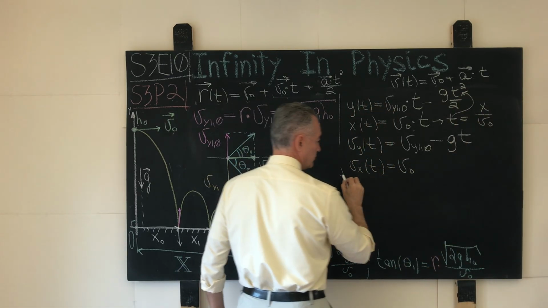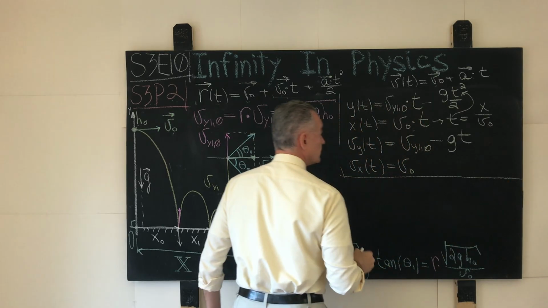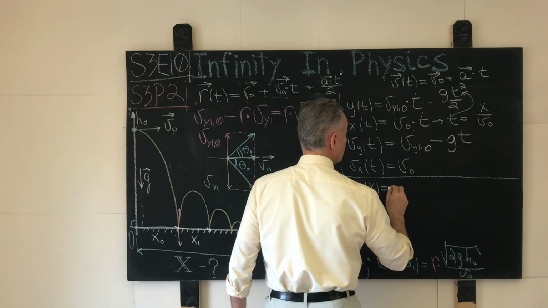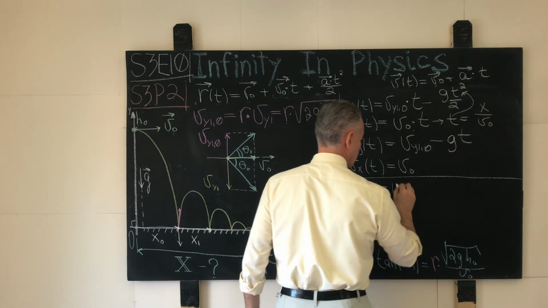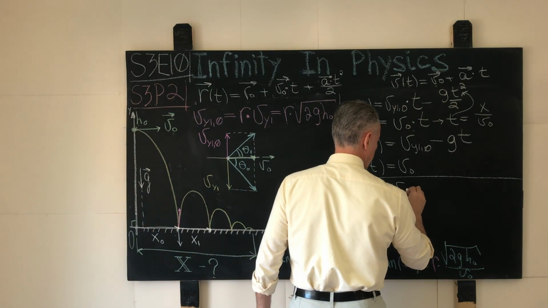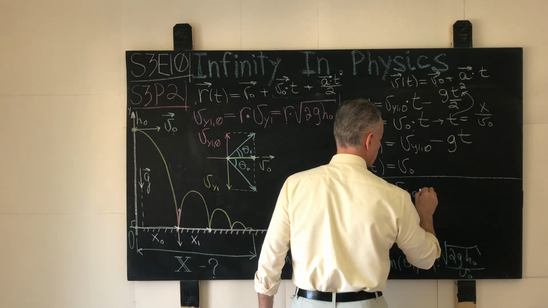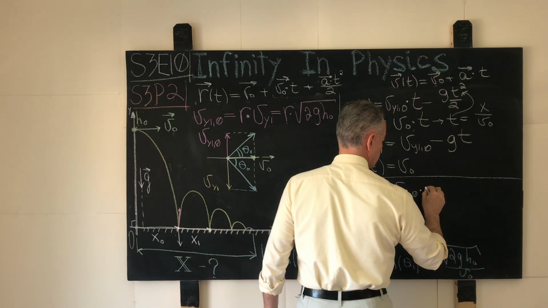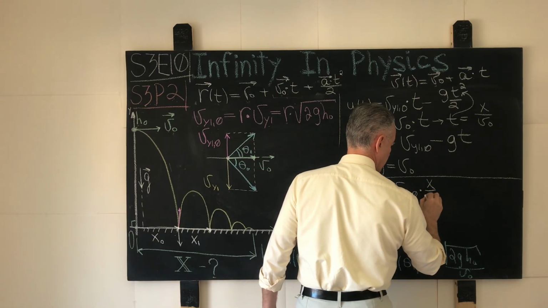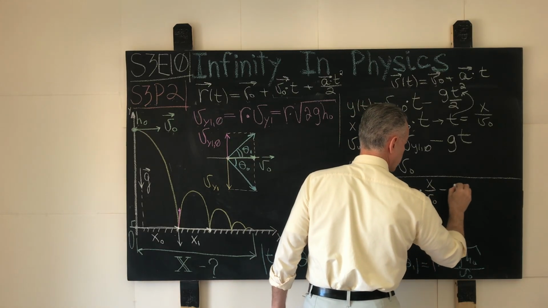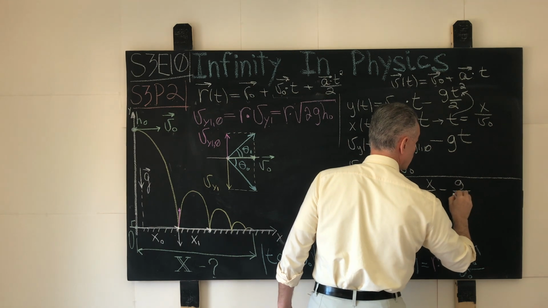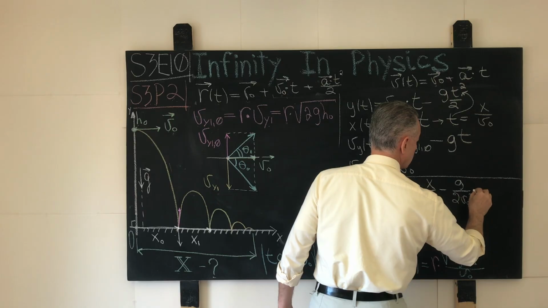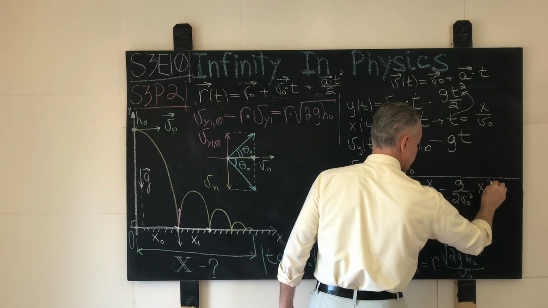Let's write it down. Over here, we will have y of x is equal to vy10 times, instead of t we put x over v0, minus g over 2 v0 squared times x squared.